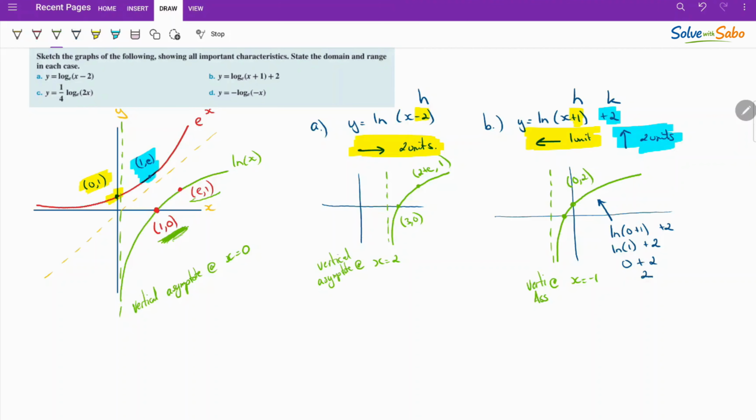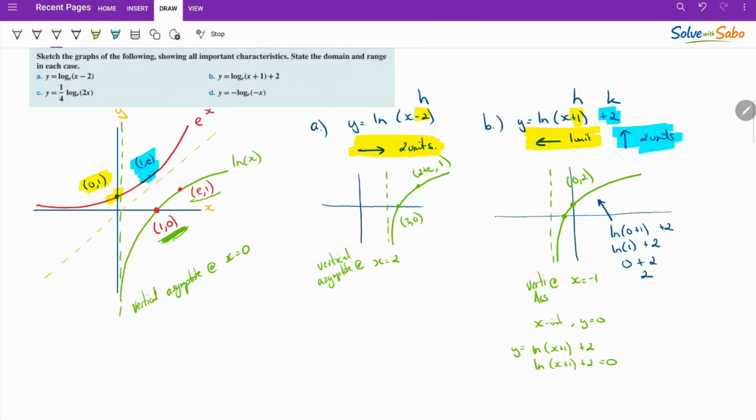We still need to find the x-intercept, because there still is one. Another way that we can find the x-intercept, we know the x-intercept is where y is equal to 0. So we've got this equation, y equals ln of x plus 1, plus 2, but we want to know where this is equal to 0.